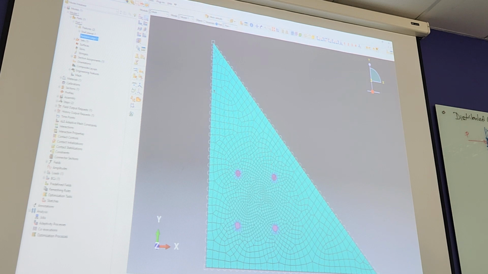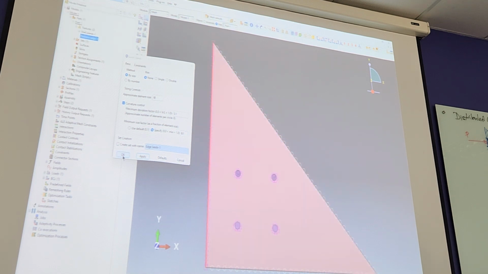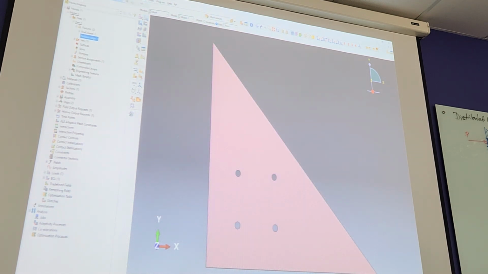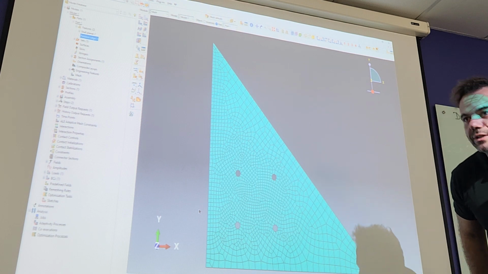Maybe this edge. By size, maybe we go 10. Okay, it doesn't really matter, but it illustrates the point.